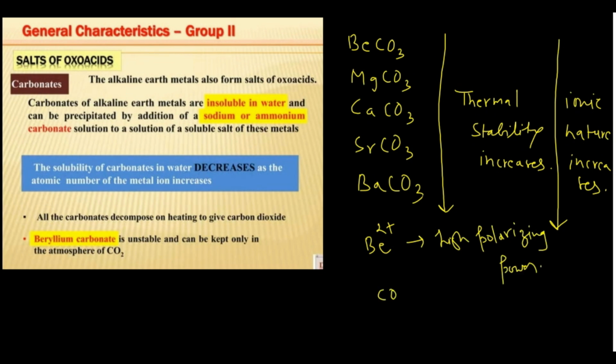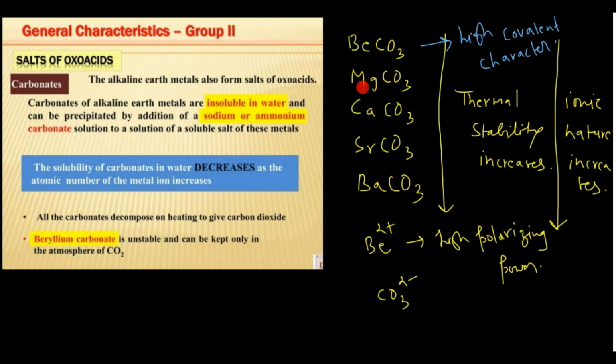Say you have your carbonate ion, and when this beryllium 2 positive ion comes closer to the carbonate ion, the electrons on the carbonate ion will be highly polarized by the very small beryllium ion. And you know, when this polarization occurs, the covalent character increases. So basically beryllium carbonate has high covalent character. I can write here, corrected, right? And now as you move down the group, the size of the metal ion increases.